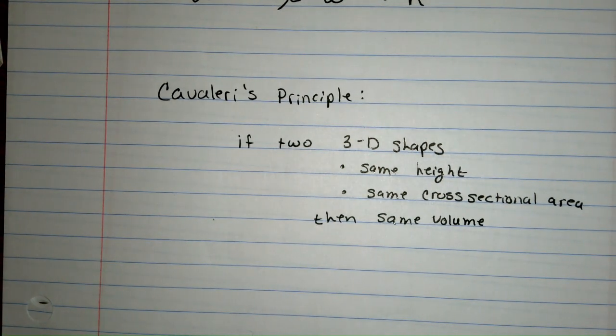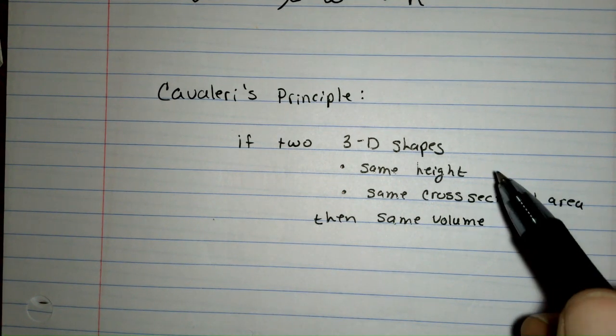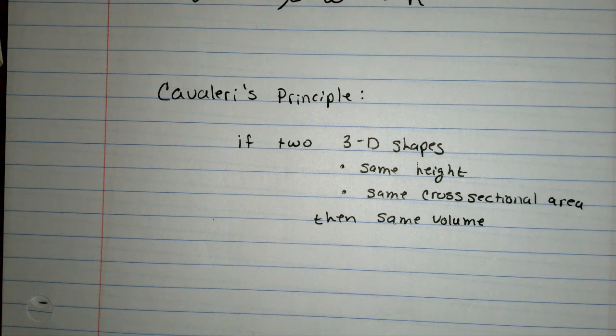Well, it makes sense. A cross-sectional area would be the base, and the area of the base times the height is the volume. So it makes sense if we have two 3D shapes with the same cross-sectional area and the same height, they'll get the same volume. They don't necessarily have to be the same shape. It's just that the area of their base needs to be the same.